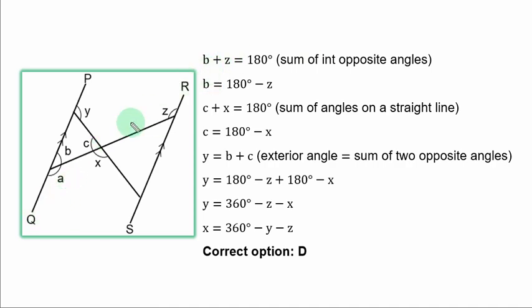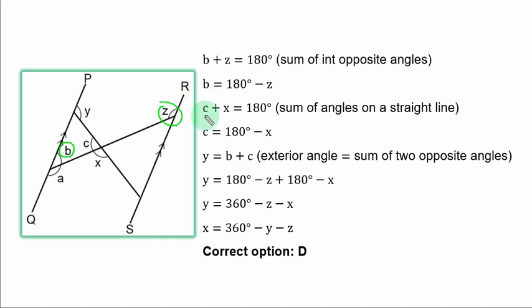Now you have B plus Z. If you add this angle to this angle is equal to 180, sum of interior opposite angles. So let's make B the subject, because we don't need A, B, C. So we always make the subject in order to replace them as we continue.